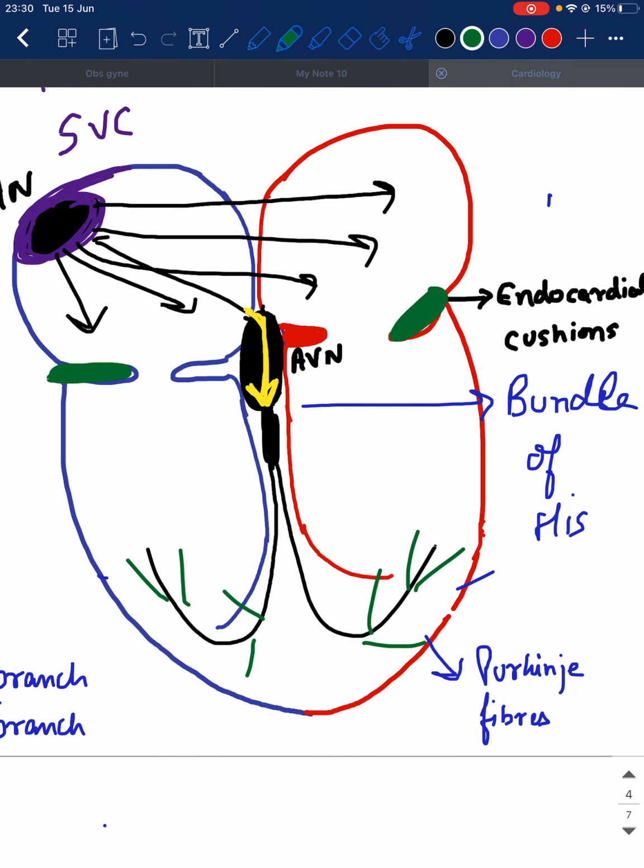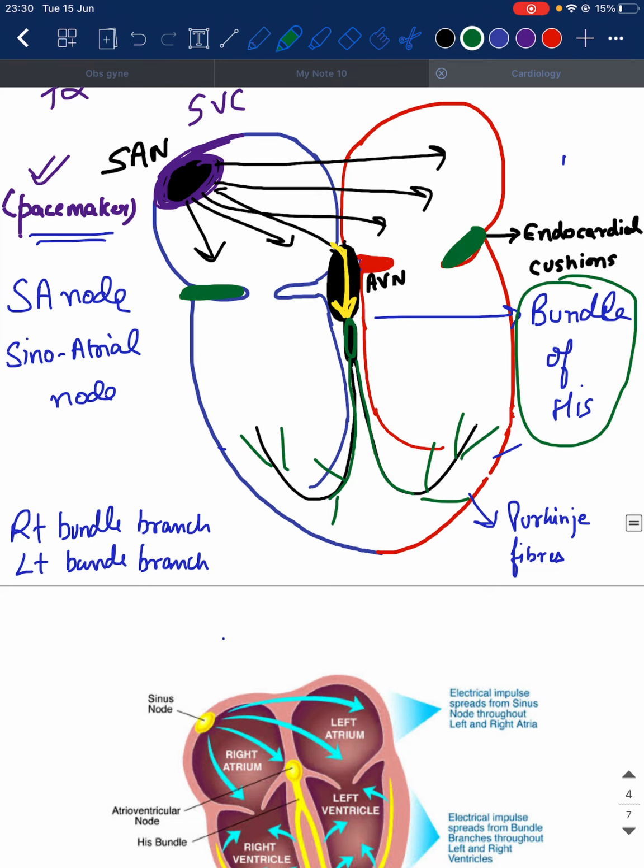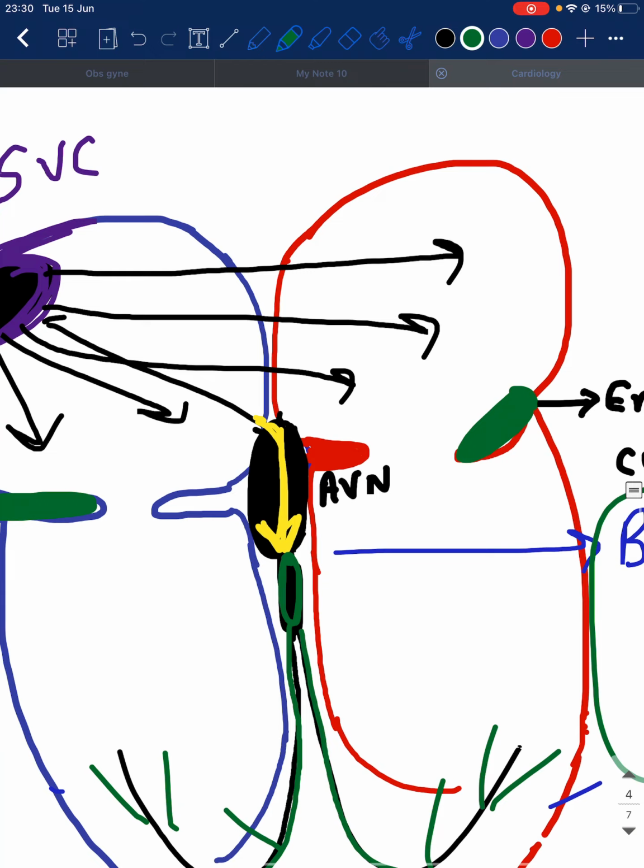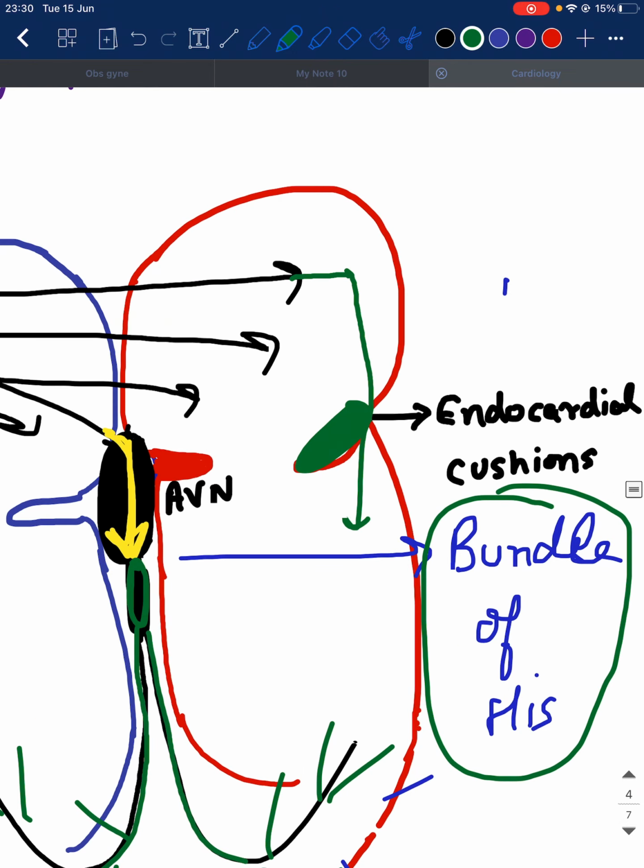We can see it. This is the bundle of His. This is the right bundle branch. This is the left bundle branch, and they both terminate into the Purkinje fibers. Correct? Now you can say that the electrical impulse can go directly from the atria to the ventricle, but no, there are endocardial cushions preventing this flow directly from atria to ventricles.